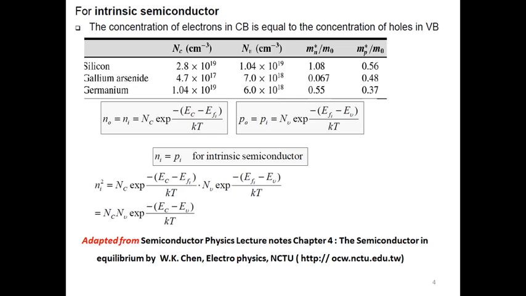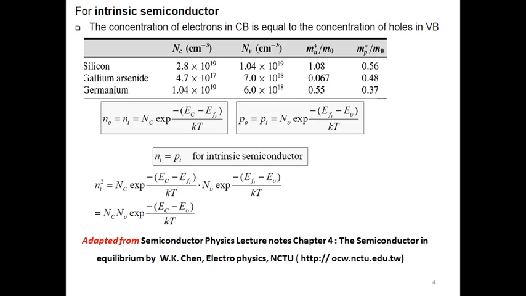In an intrinsic semiconductor, the carrier concentration of electrons in the conduction band is equal to the concentration of holes in the valence band, because when electrons go from the valence band to the conduction band, for example two electrons in the conduction band, then two holes remain in the valence band.